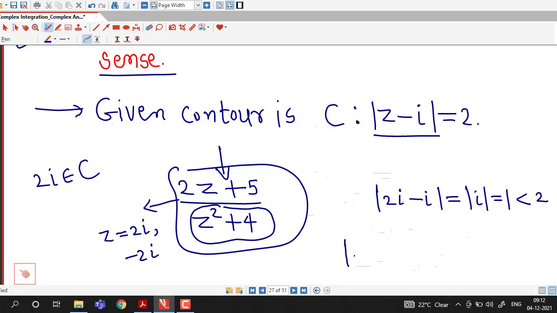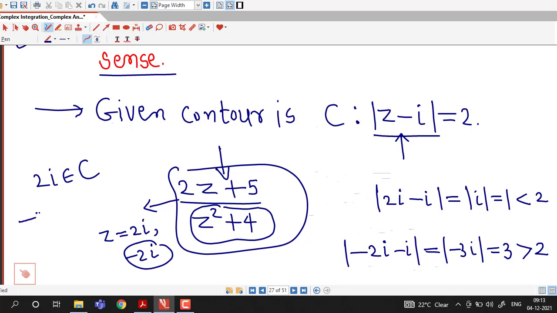If we take z = −2i, then we have |−2i − i|, that is the absolute value of −3i, which is 3, and it is greater than 2. So −2i is outside this circle. It is not inside that circle. So we can see that (2z + 5)/(z² + 4) is analytic everywhere on this circle and inside this circle except z = 2i.